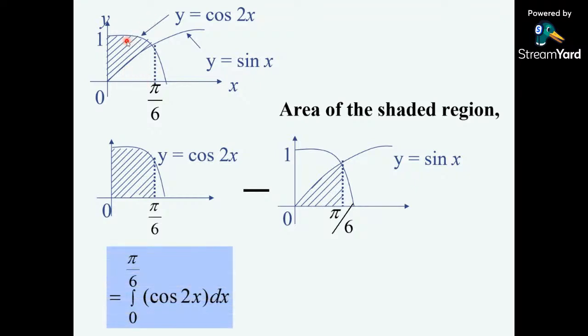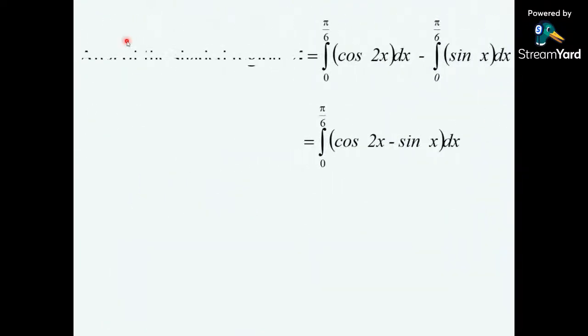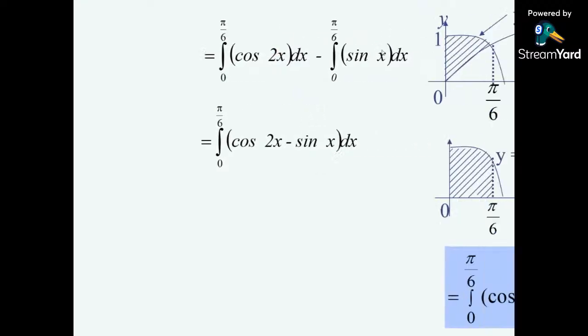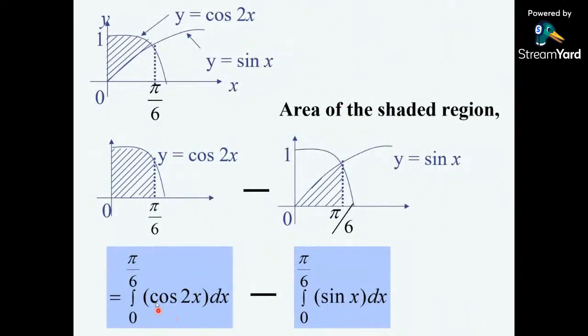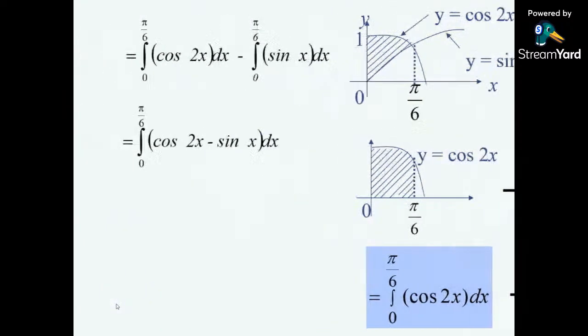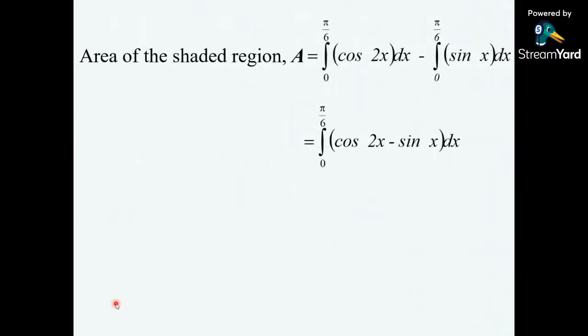So my formula will be cos 2x minus sine x. The limits are all the same, and hence I can write it like this straight away. In your individual assignment, you can write down like this straight away, with no need to write down one by one based on the shaded region.